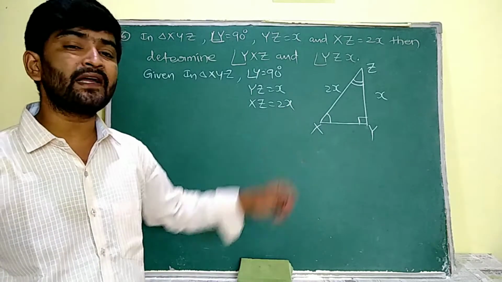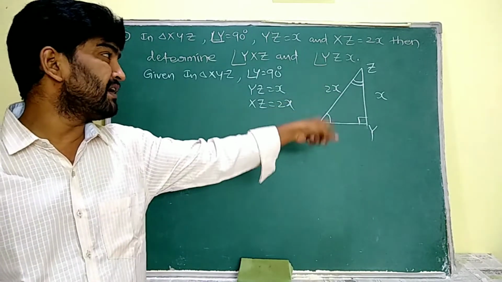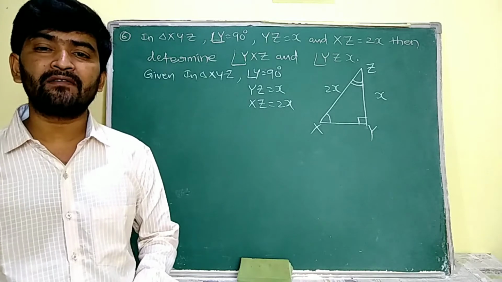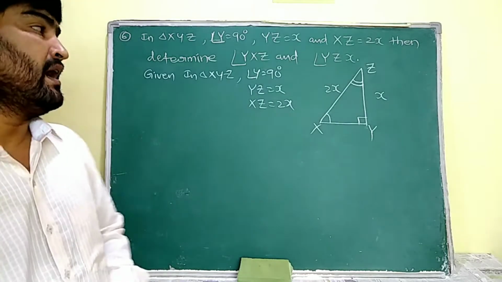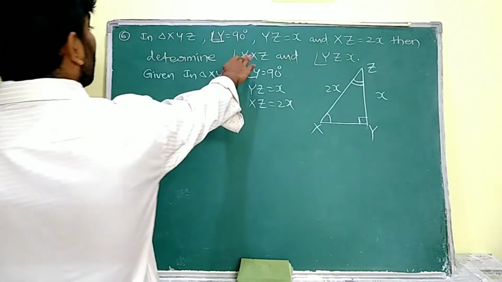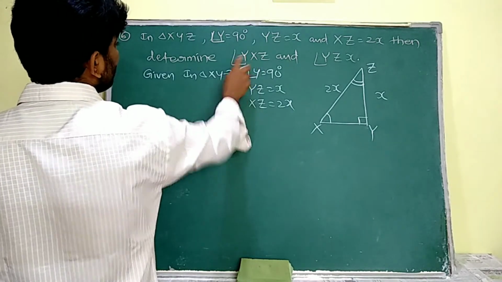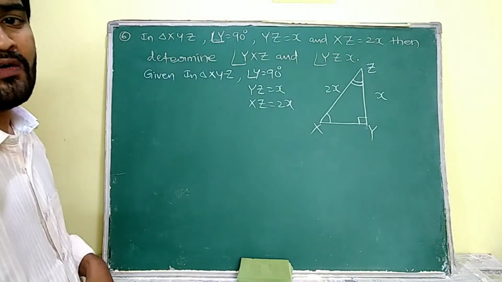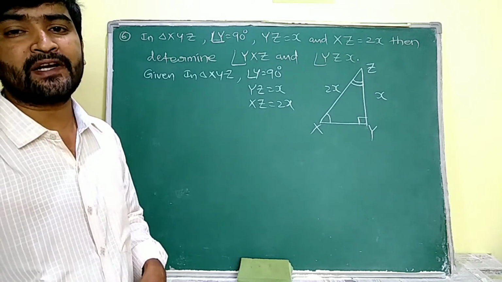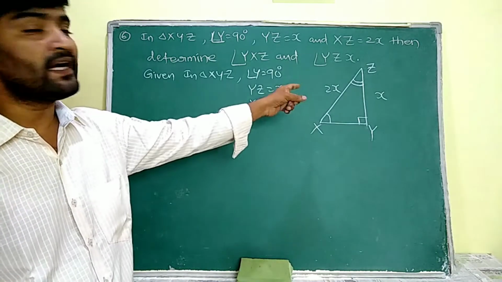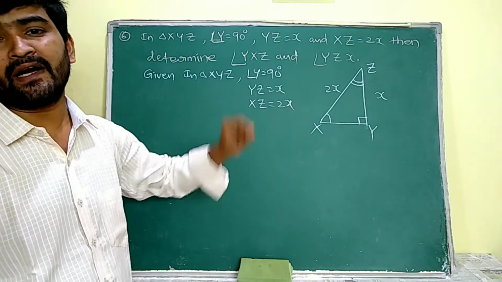In this triangle I know two sides, YZ and XZ, so I can find whatever I want. First I want to calculate angle YXZ. To calculate it, I have to frame a trigonometric ratio with the given sides with respect to the required angle.